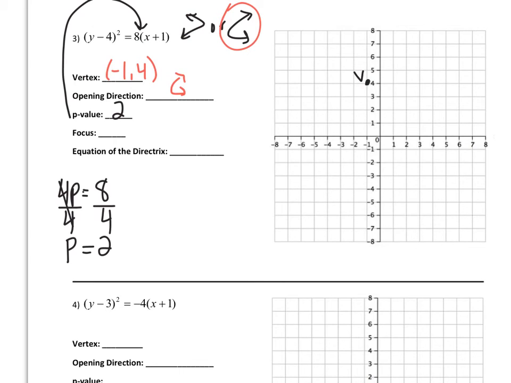So now, since we know that the parabola is opening left or right, that means the directrix would be here, right? And the focus would be in that spot. So we're going to go left or right 2. So here and here. So this is my focus and this is my directrix now. Alright? So, if we want to label the point of the focus, it's 1, 4.